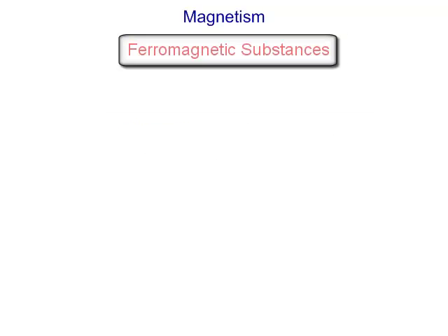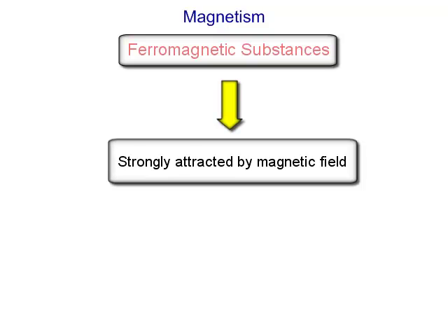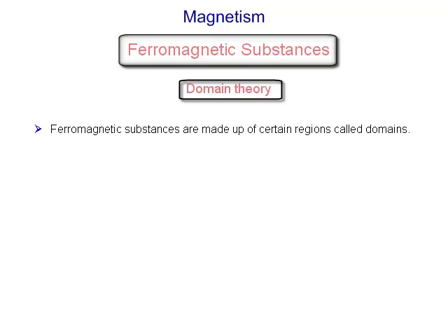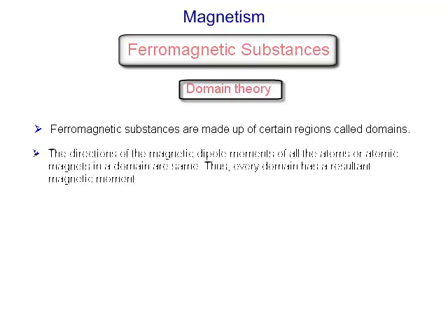The substances which are strongly attracted by magnetic field are called ferromagnetic substances. The origin of ferromagnetic property can be explained on the basis of domain theory. According to this theory, the ferromagnetic substances are made up of certain regions called domains.